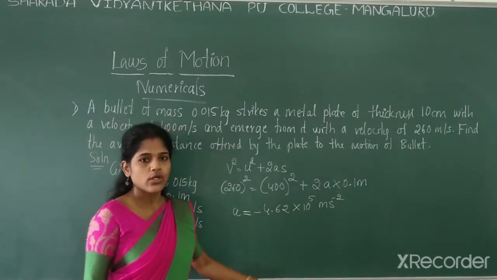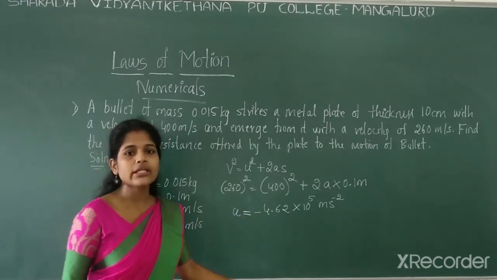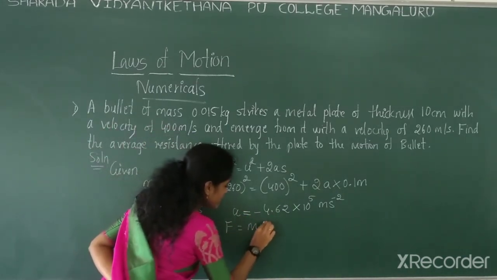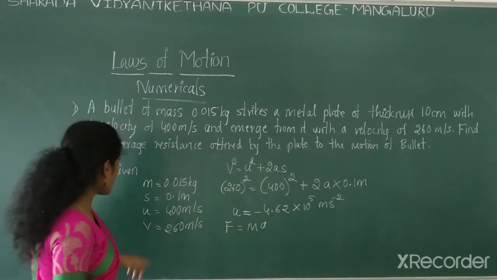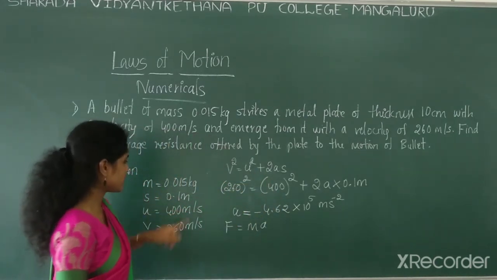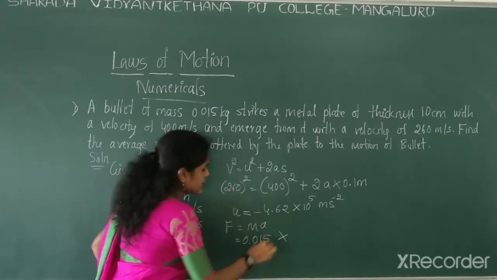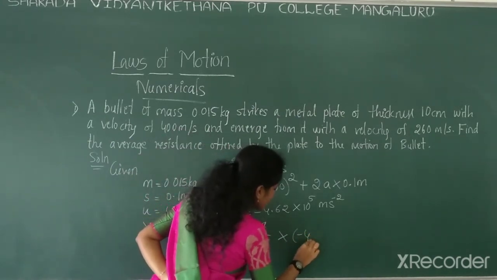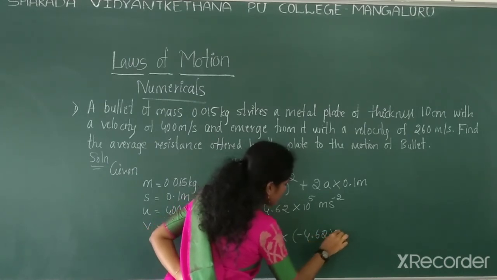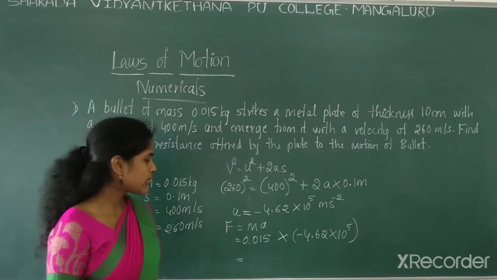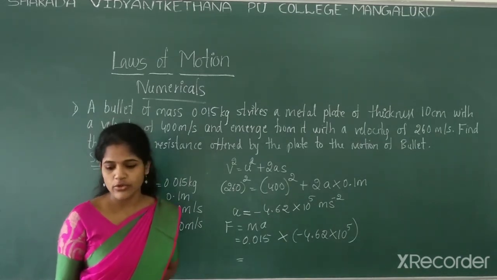Force F equals m into A. Mass is 0.015 kg and acceleration is minus 4.62 into 10 power 5. Calculate using your calculator.